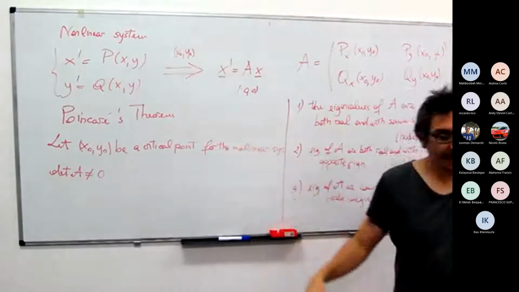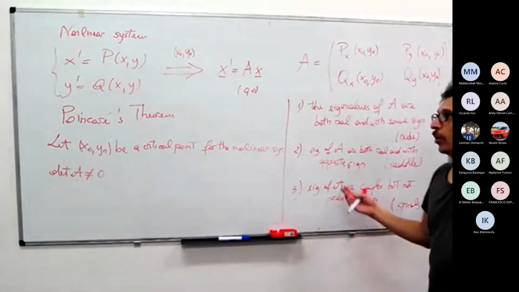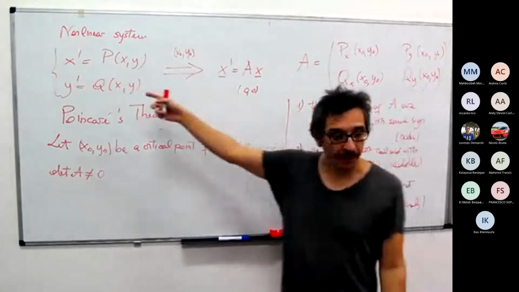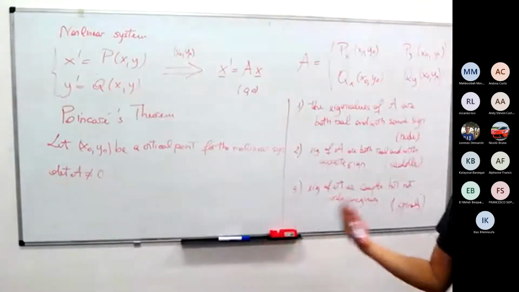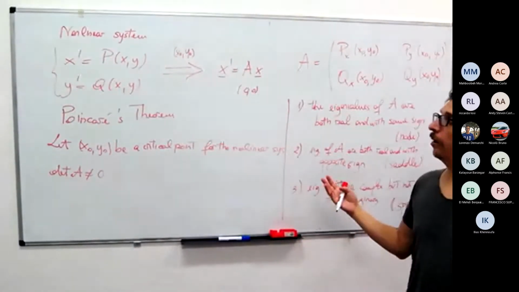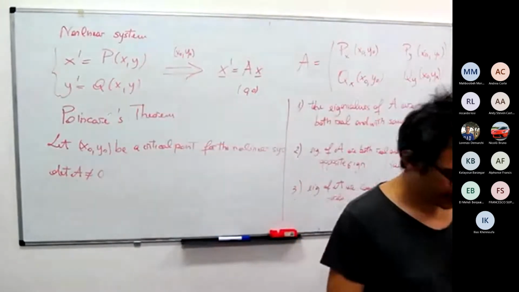So Poincaré's theorem does not tell me anything for the center. Well, actually, a center would correspond either to a center or to a spiral, but I cannot tell anything before analyzing the nonlinear system itself.